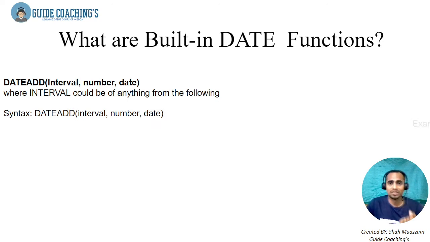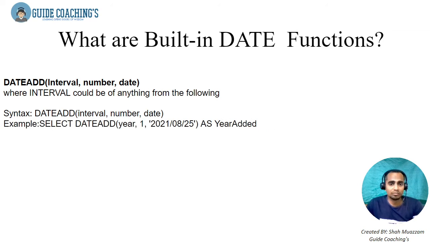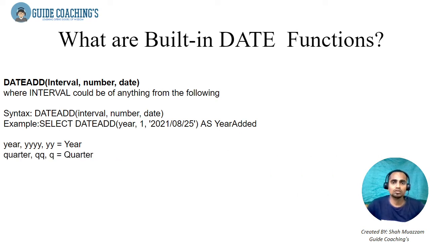The first one is interval, the second one is number, and the third one is date. The interval part will hold either year, quarter, month, day of the year, day, weekday, or week. Likewise we can have multiple intervals. We just need to write the interval first, then the number, and then the date.